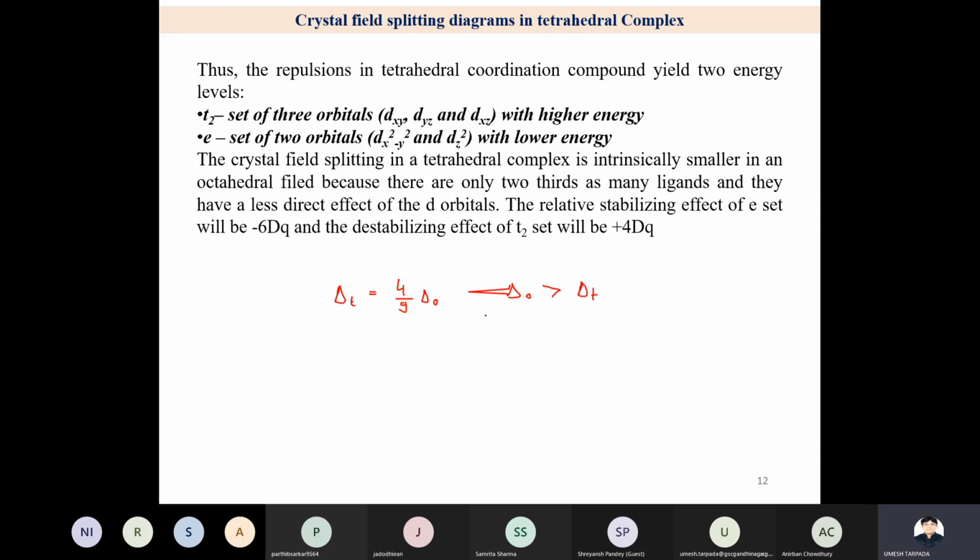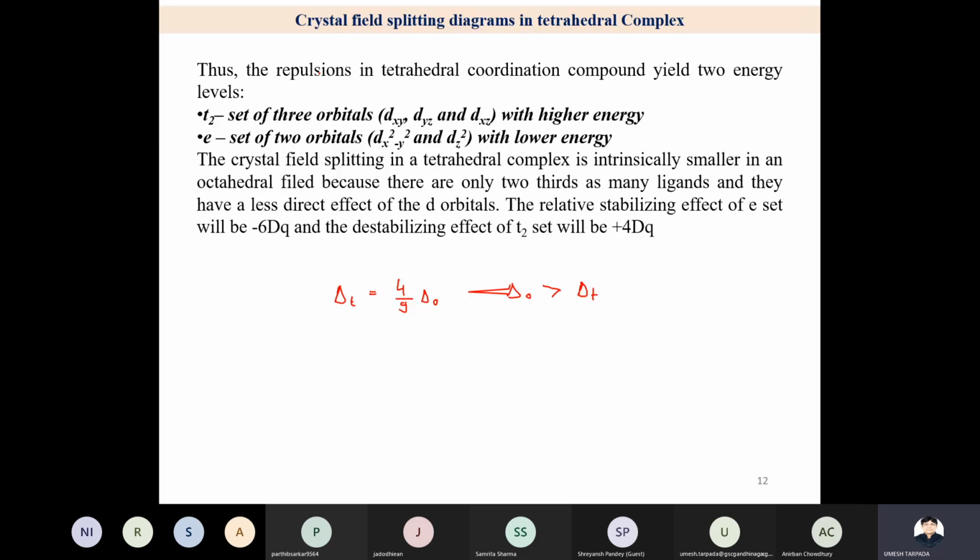Okay, octahedral splitting is higher as compared to tetrahedral. So thus the repulsion in tetrahedral complex again gives two sets, T2 and E set.